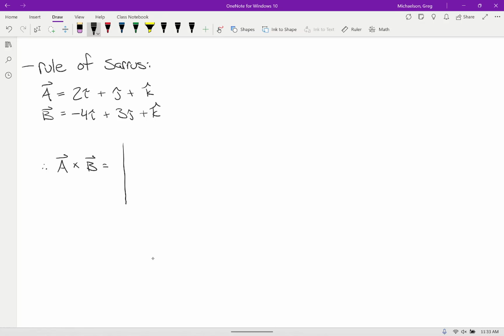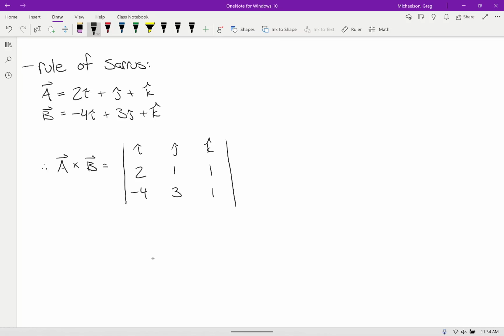The top row is going to be I, J, and K. The middle row is going to be the coefficients of the first vector, so 2, 1, and 1, because the coefficients here are 1 and 1. And then here we put negative 4, positive 3, and positive 1.